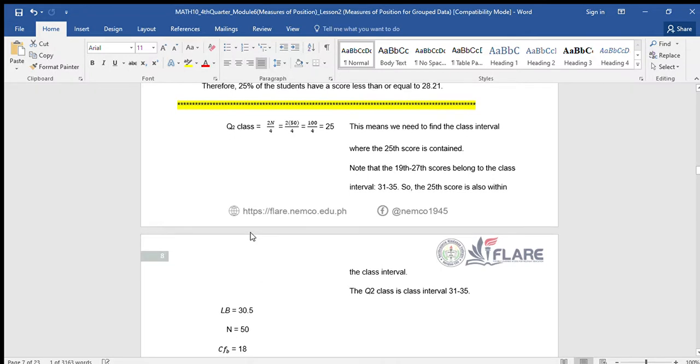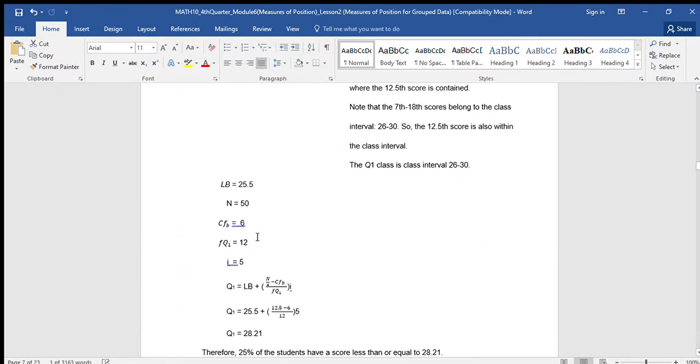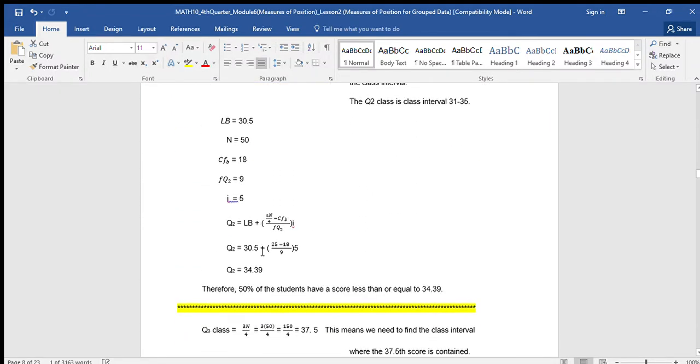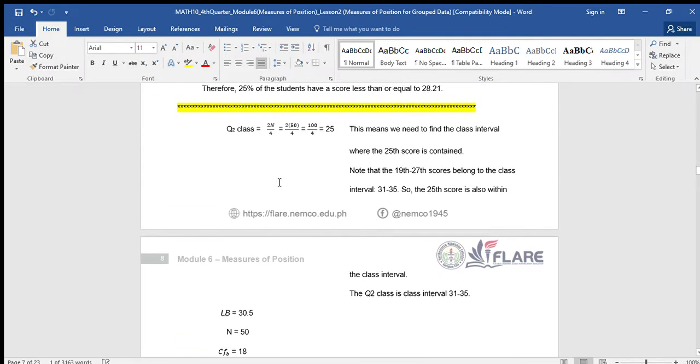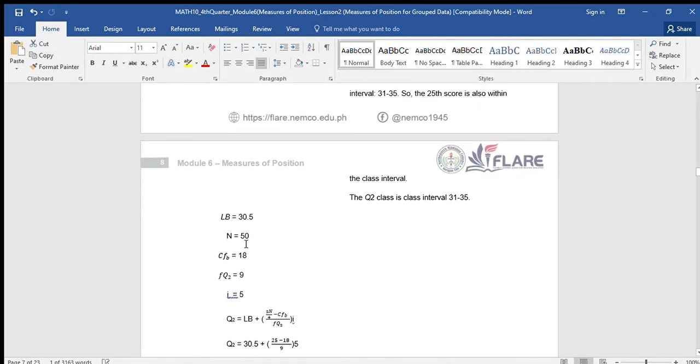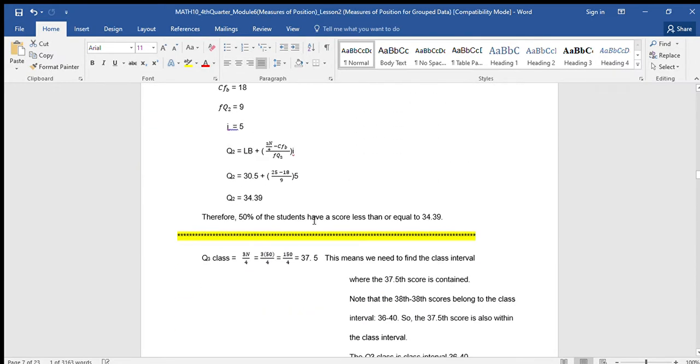So that is our I, the class interval. So that's how we get this, and we have this Q1.